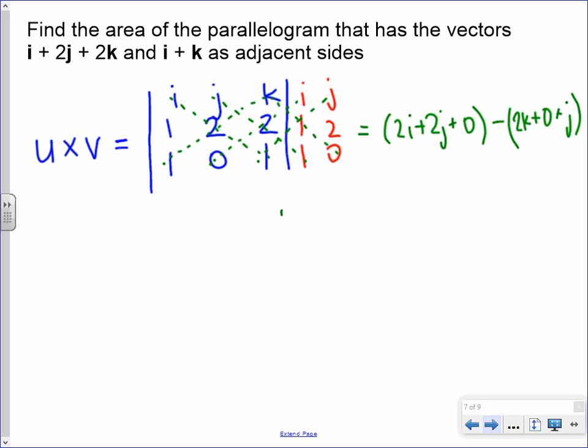So our cross product will be 2i minus 0, 2j minus j, and 0 minus 2k. So our cross product is 2i + j - 2k. Do you agree with all those calculations?